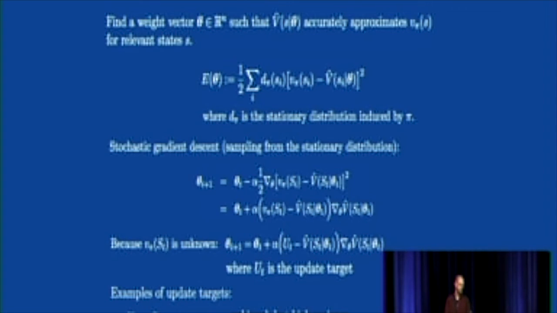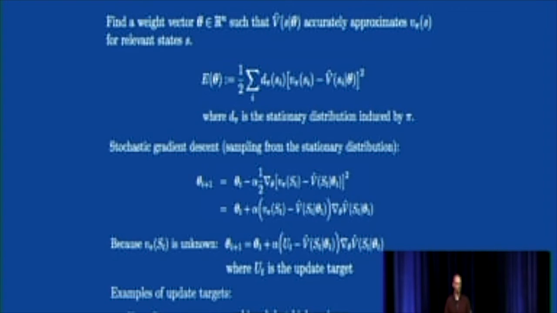So what people often do in reinforcement learning is they use an update target that bootstraps from other value estimates. So you see an example of that below. The lowest update target there just takes the reward plus gamma times the value of the next state. Now, you no longer have an unbiased estimate in this case.